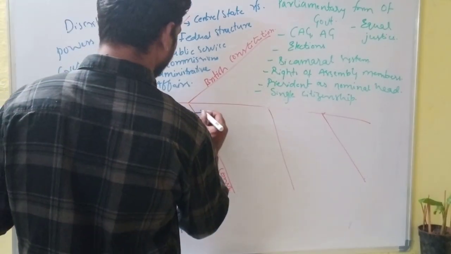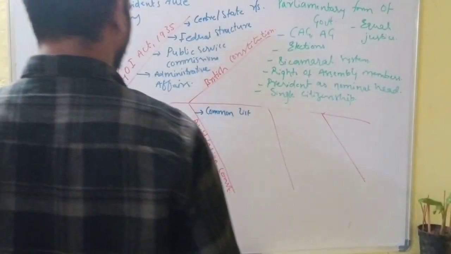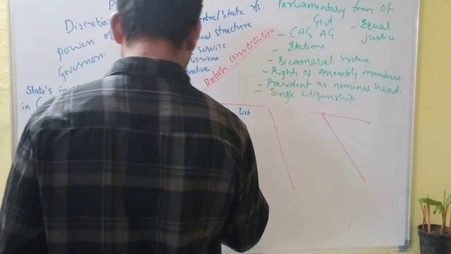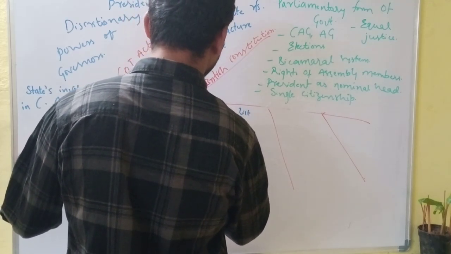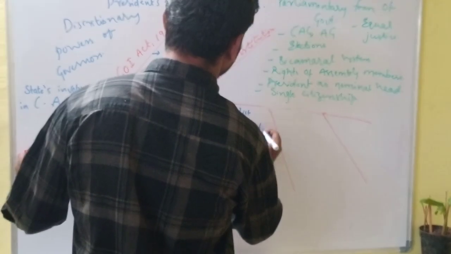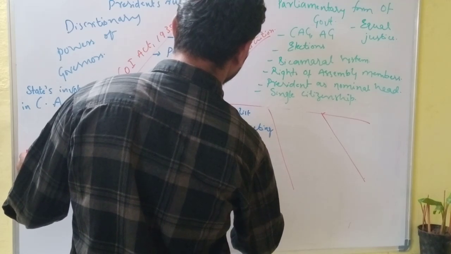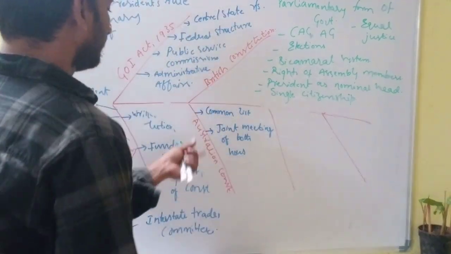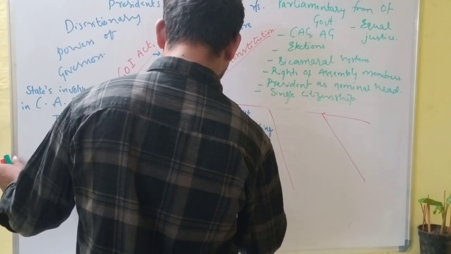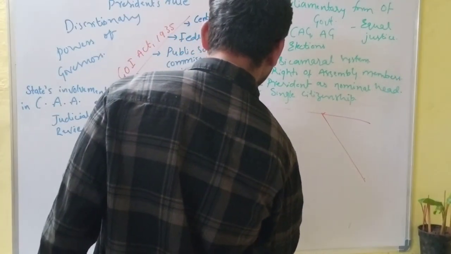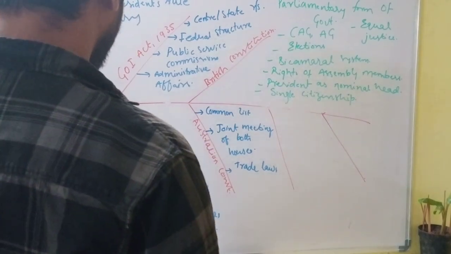One is common list, like state, union and concurrent list, and joint sittings of both houses. This is taken from Australian Constitution. And trade laws. So various trade laws are taken from Australian Constitution.